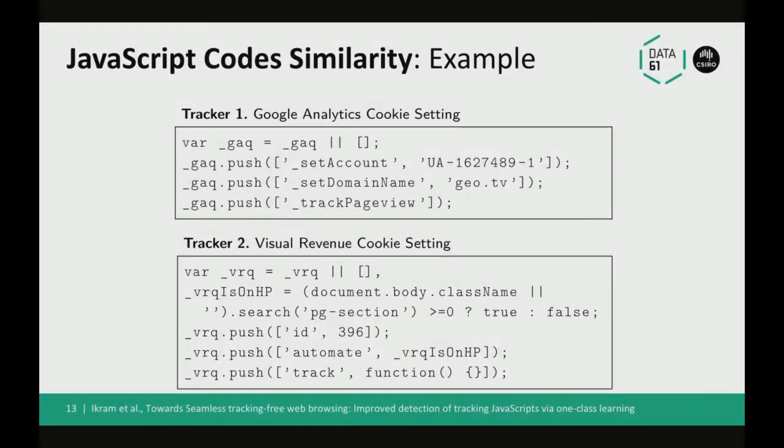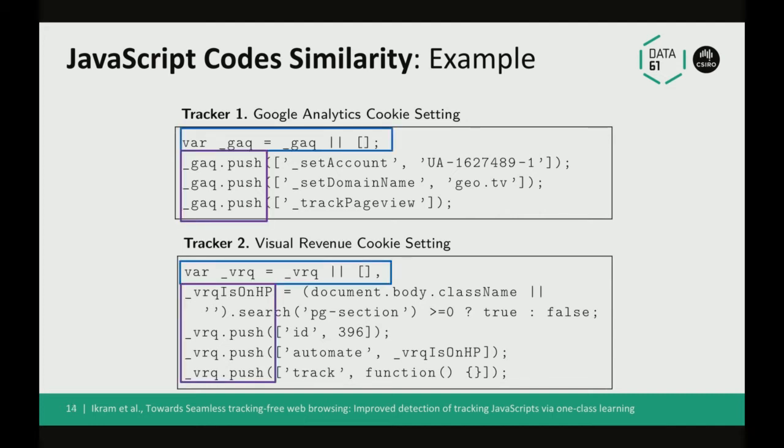To give you a basic idea of how tracking JavaScripts are similar to each other syntactically and semantically, let's have this example. You can see that we have two JavaScripts that are setting cookies for two distinct trackers, in this case Google Analytics and Visual Revenue.